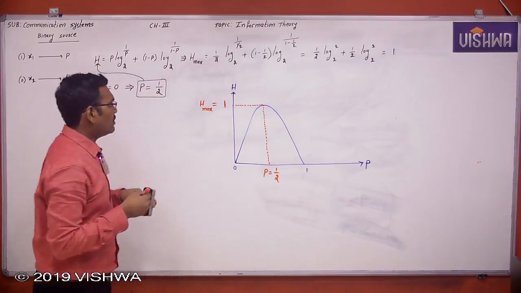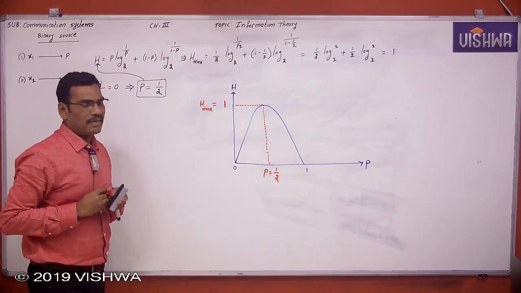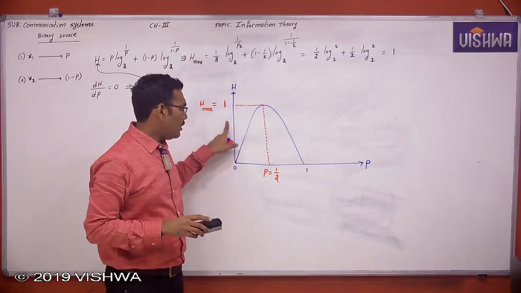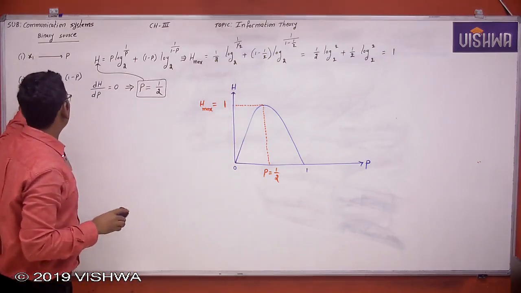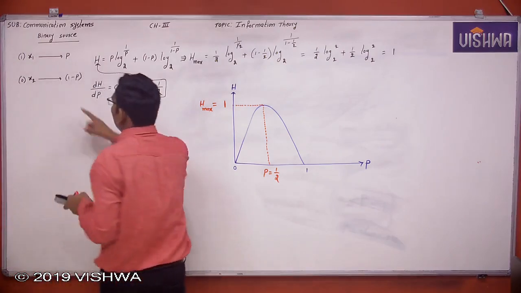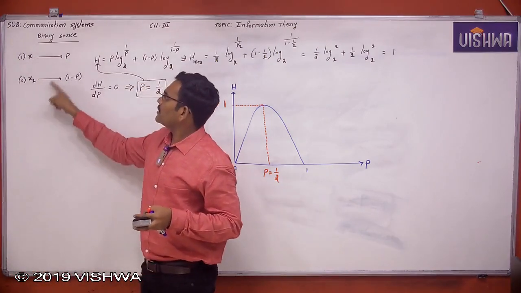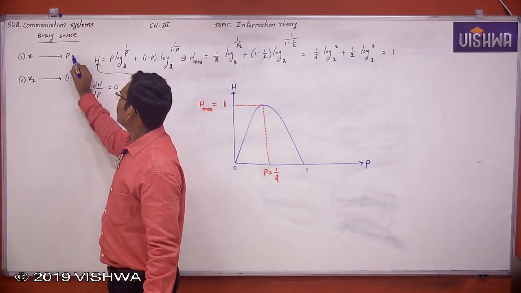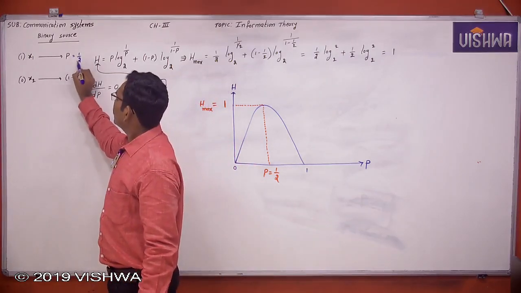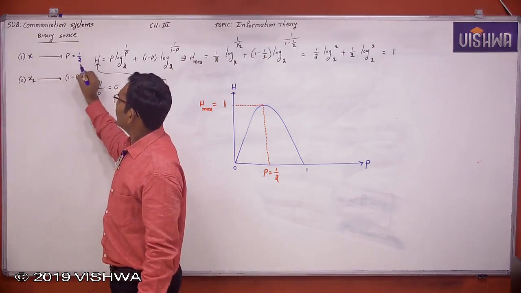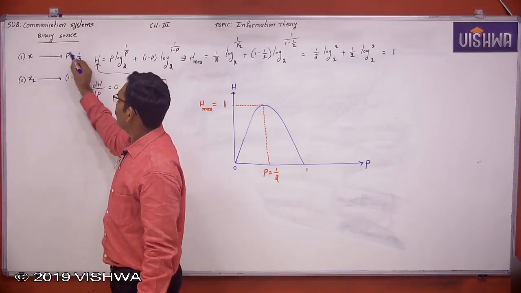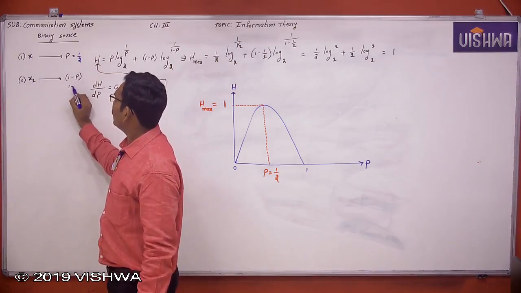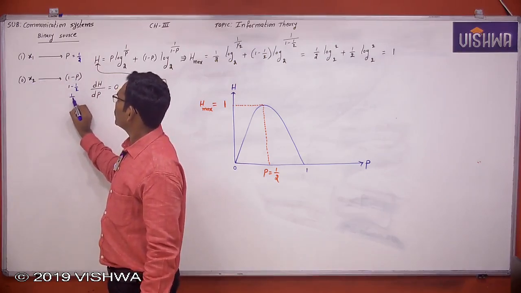So what is the meaning of that? We can understand that the binary source is generating the maximum entropy when the symbols it generates are equiprobable. If p equals 1 by 2, symbol x1 occurs with a probability of 1 by 2, then symbol x2 also occurs with a probability of 1 by 2.